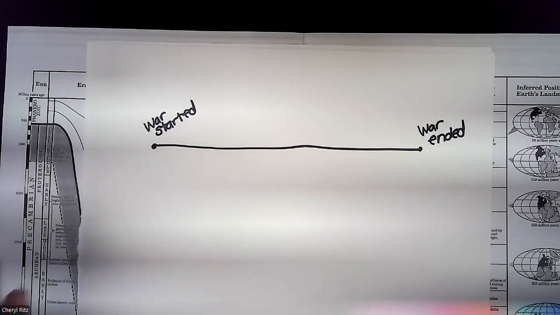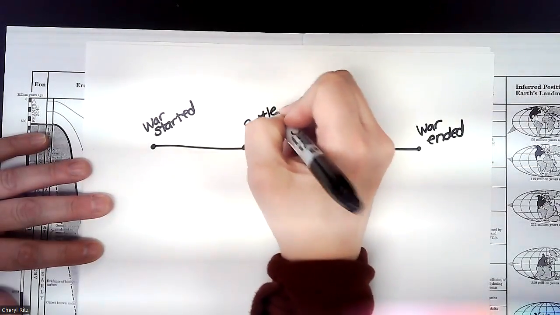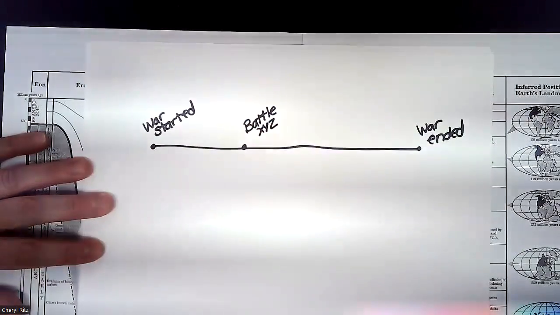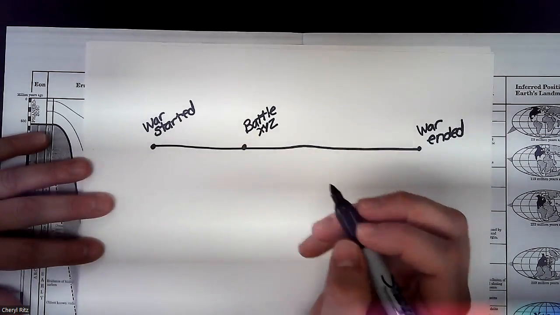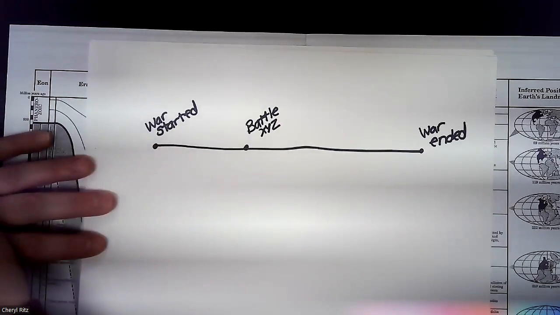If we had a timeline for when the war started and war ended, what might be some bullets that we would put in there? What would be some important events during a war? Make something up. What happens during a war? Fighting, okay? So right here, there was the battle X, Y, and Z. How about, like I know in World War II, one important thing that happened was the US joined the war.